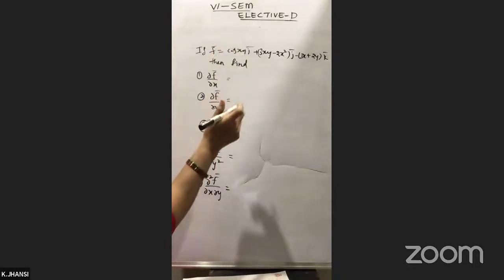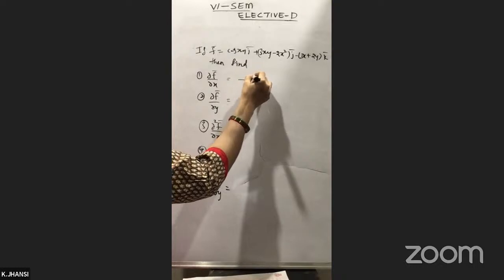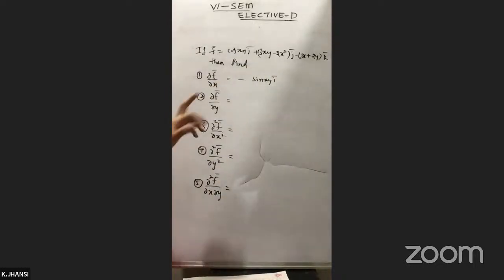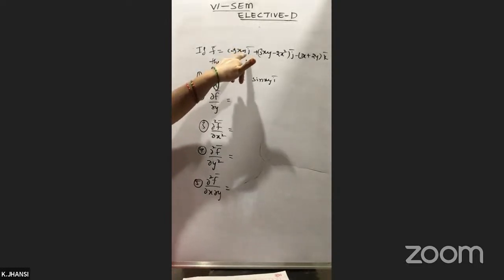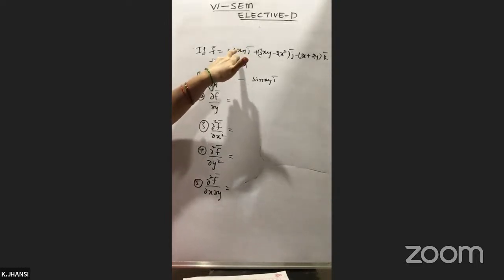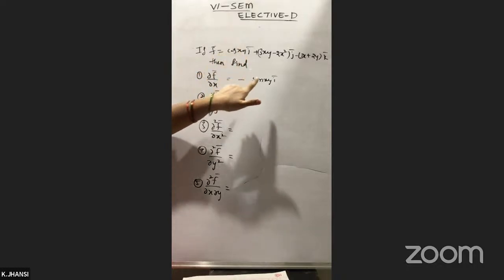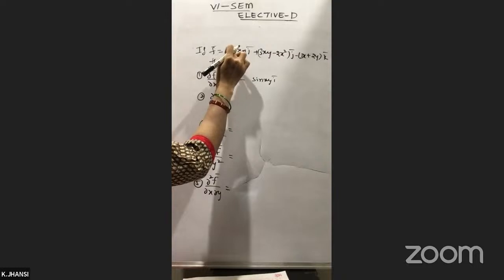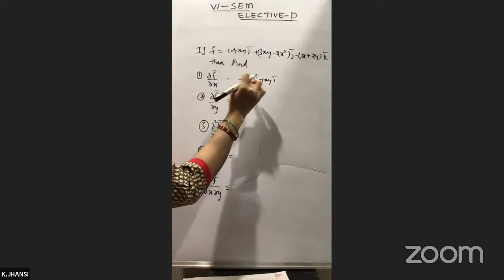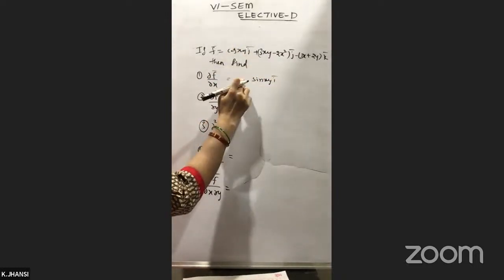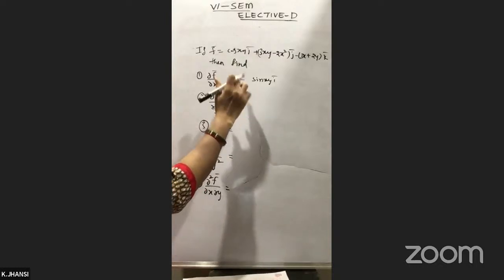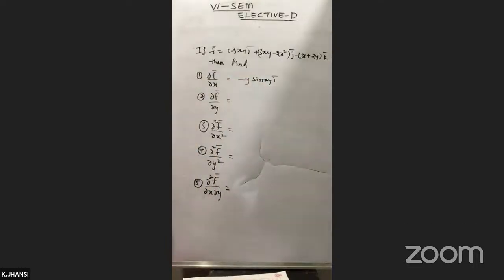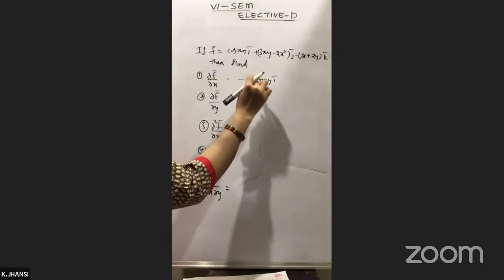So you do the cos differentiation, that is minus sin xy i, and x differentiation is 1 here. So cos has become minus sin xy, and when you take xy, x differentiation is 1, so you will have y. So minus y sin xy.